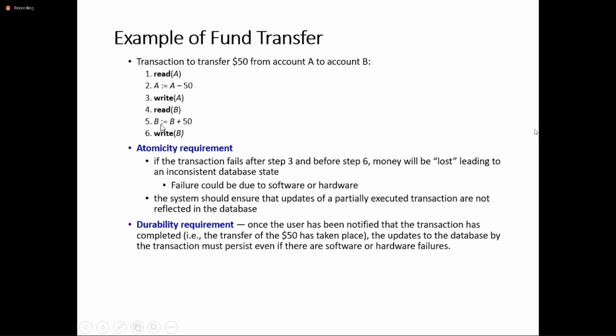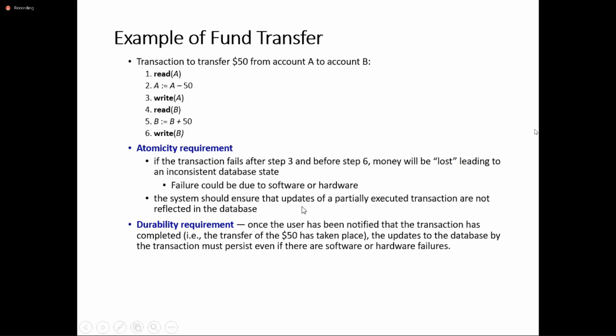Then if that happens, we want to go to the previous state of the database, meaning again you deposit the money into account A, because the transaction won't complete. The withdrawal is successful, but the deposit is not complete.